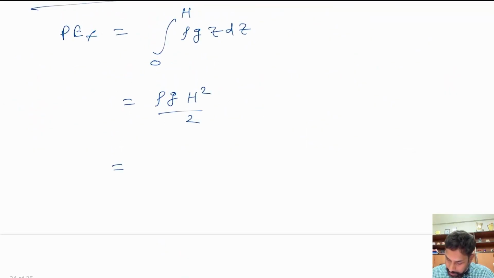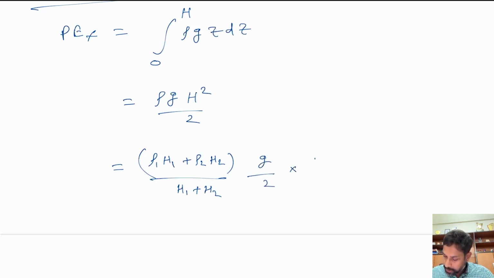So this can be written as rho 1 h1 plus rho 2 h2 over h1 plus h2, and this is g by 2 times (h1 plus h2) square.